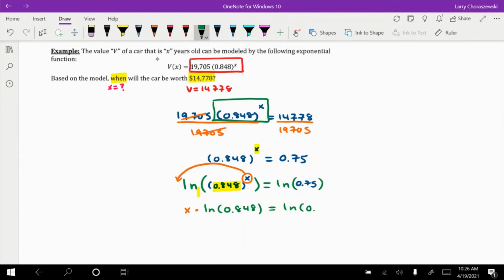Nothing happens on the right-hand side either in regards to canceling. It'll still be natural log of 0.75. Now notice x is back down on the ground just by virtue of the power rule, and it's being multiplied to this natural log. Well, to get x by itself, we would divide by that natural log.